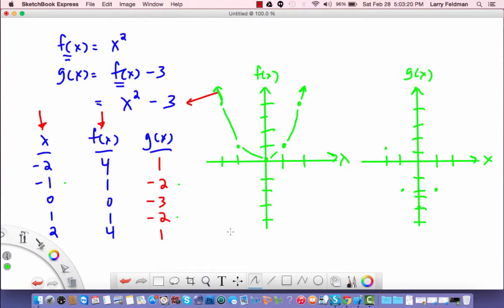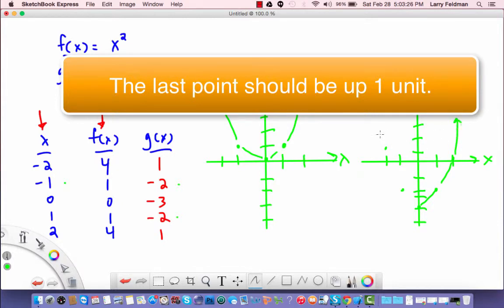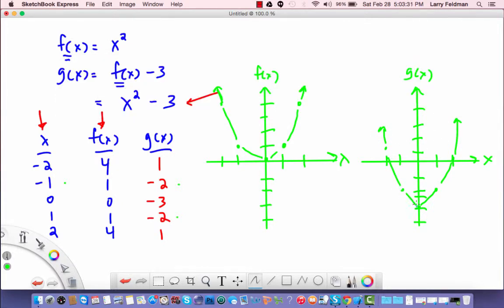And 2, 1. So we have a parabola that's down here. And it's fairly obvious that g of x is simply a shifted version of f of x down vertically by 3 units as expected. So we've covered now between the two videos all of the 4 main transformations.